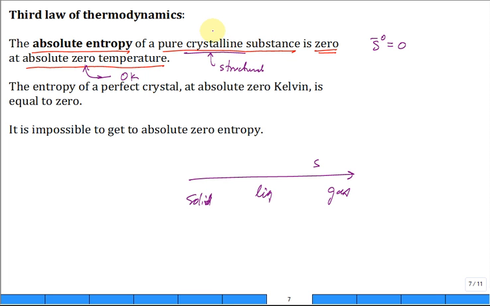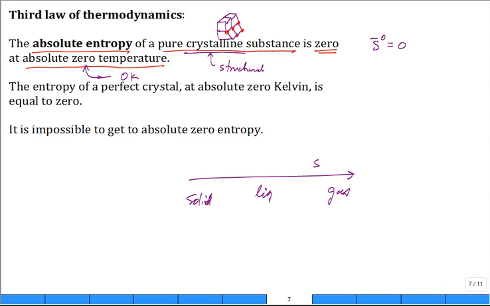It's like all set up on a nice lattice system, and if the temperature is down at 0 Kelvin, then the molecules at these lattice points wouldn't even be wiggling or have any motion.